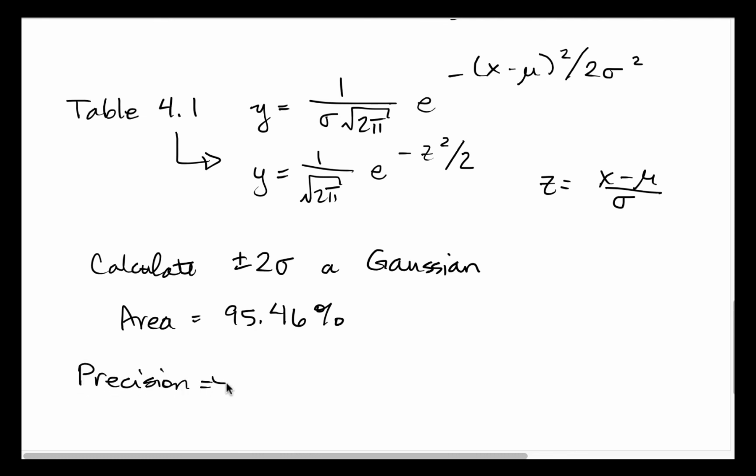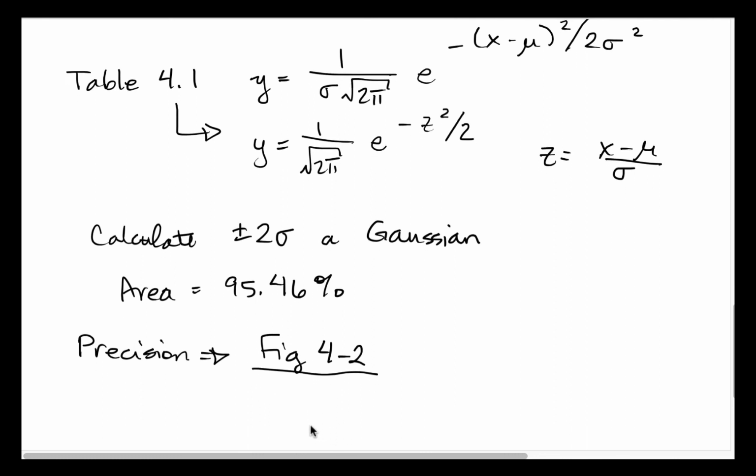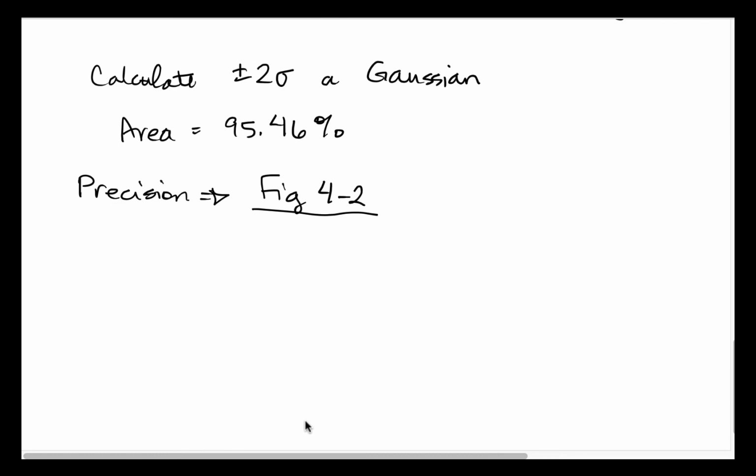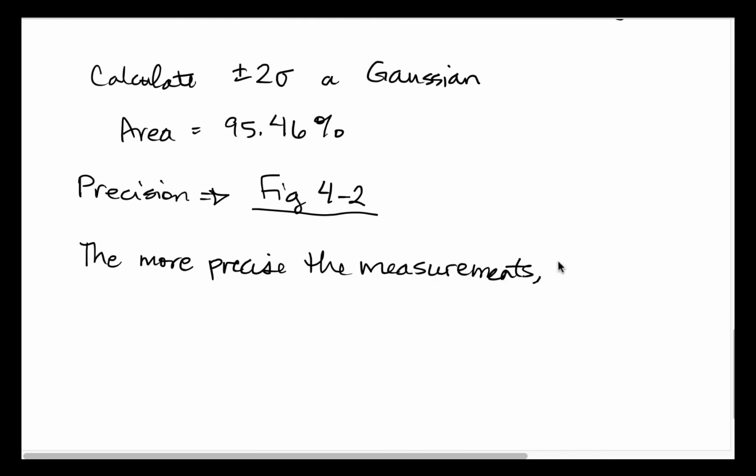So for this, we're going to switch over to figure 4.2. I know this is going back from figure 4.3, but I can't help the order that they talked about them in the book. So what you should have taken from figure 4.2 is that the more precise the measurements, the smaller the standard deviation.